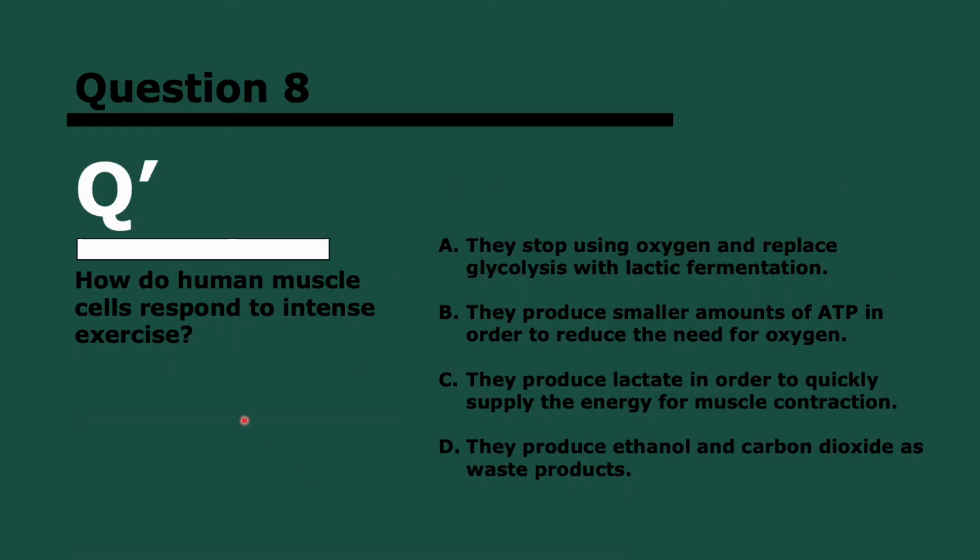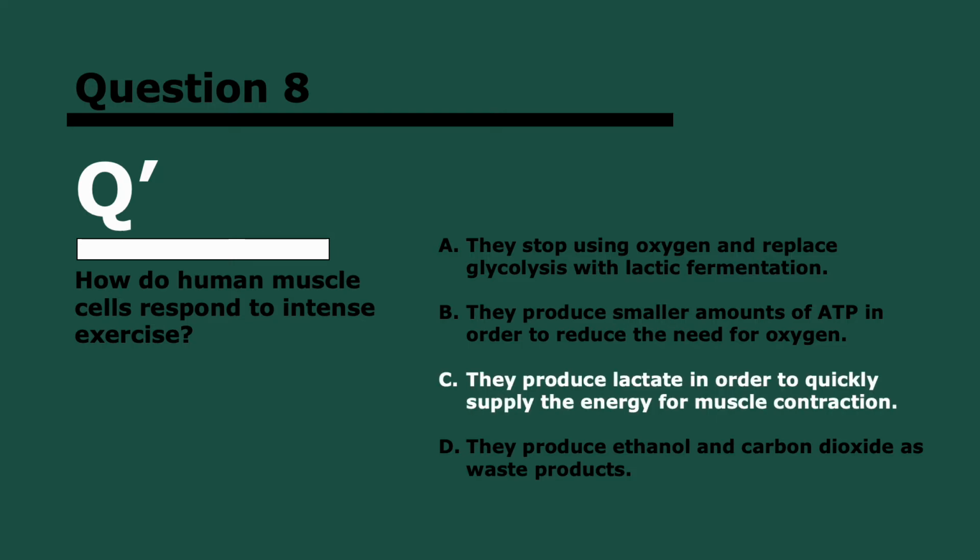Okay, question 8. How do human muscle cells respond to intense exercise? 3, 2, and 1. They produce lactate. Yes, so basically what they do is they do the anaerobic pathway, and that involves producing lactate. Ethanol and carbon dioxide are also part of the anaerobic pathway, but not for humans, right? And it's human muscle. They produce smaller amounts of ATP.